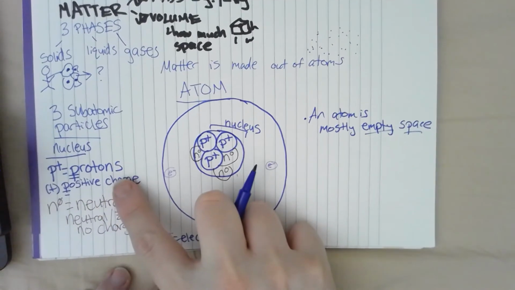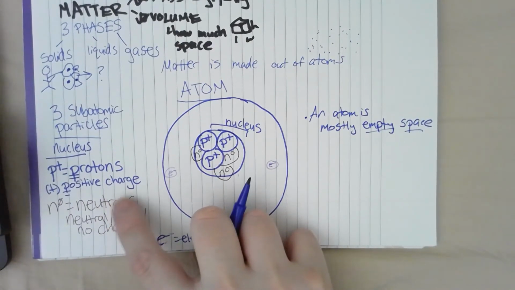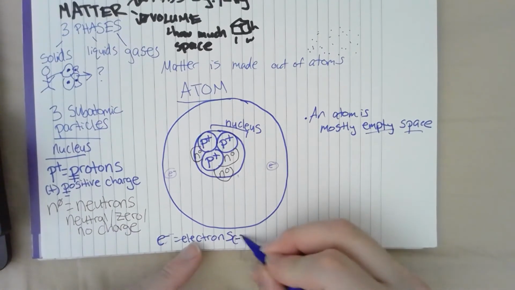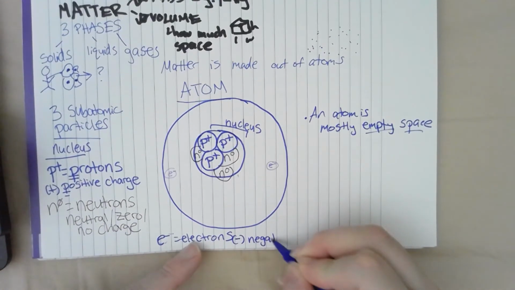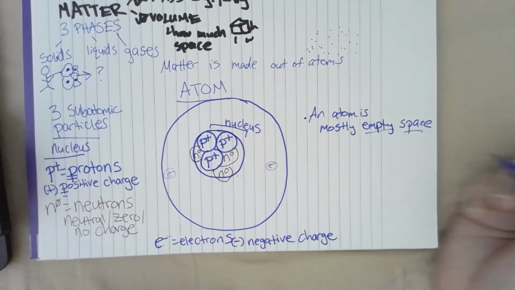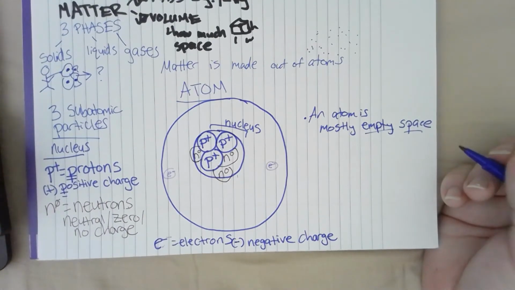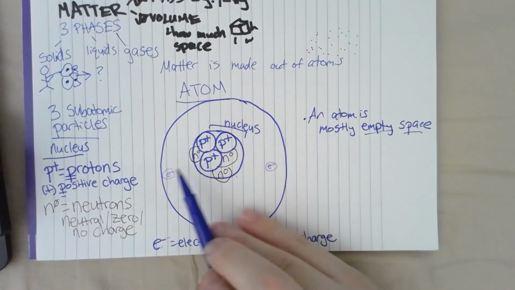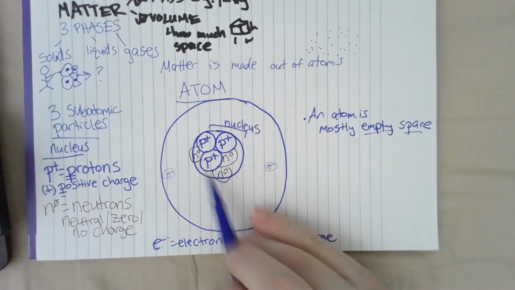Protons have a positive charge, neutrons have a neutral charge, and electrons, you need to know, they have a negative charge. Perfect. A negative charge. And you'll notice electrons are way smaller than protons and neutrons.